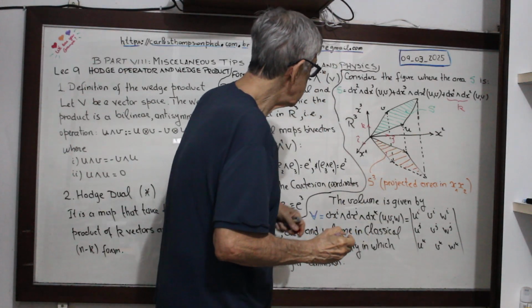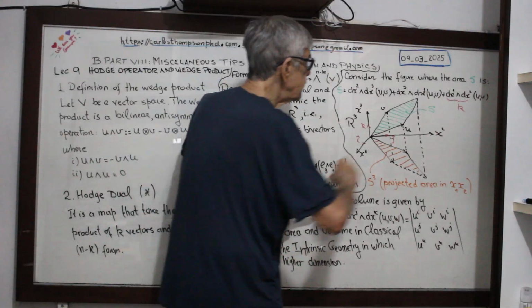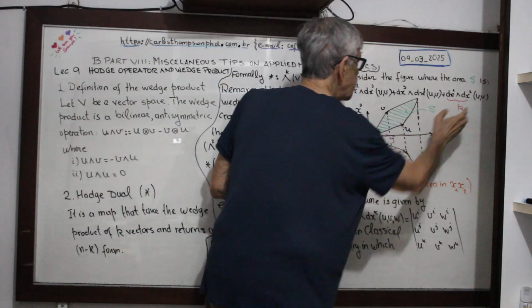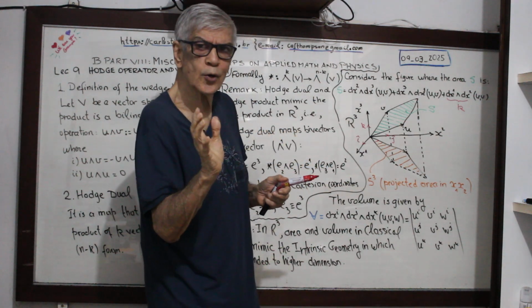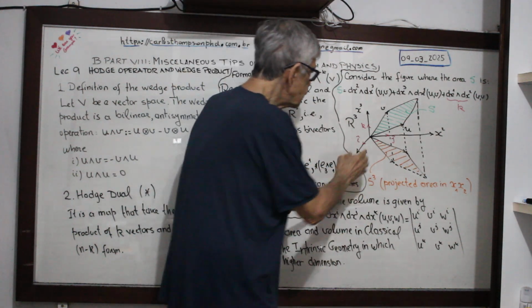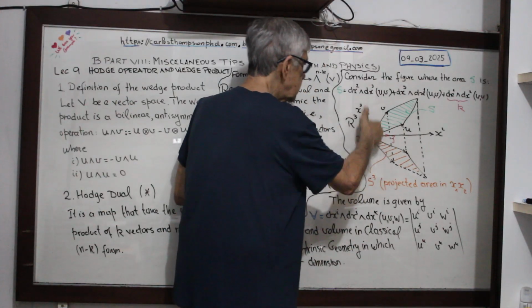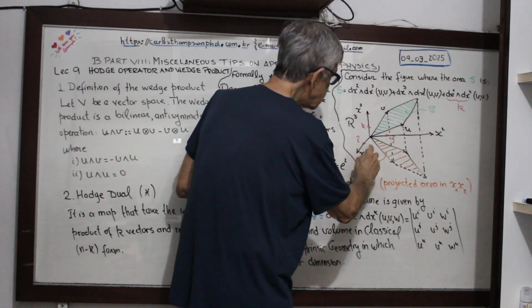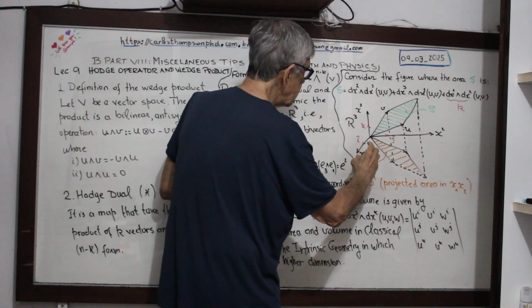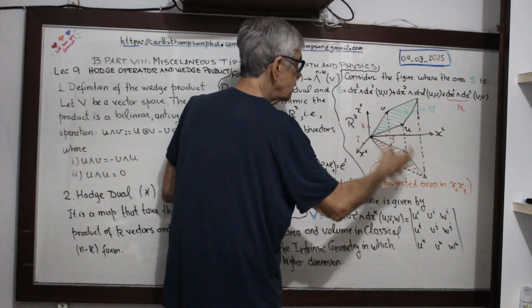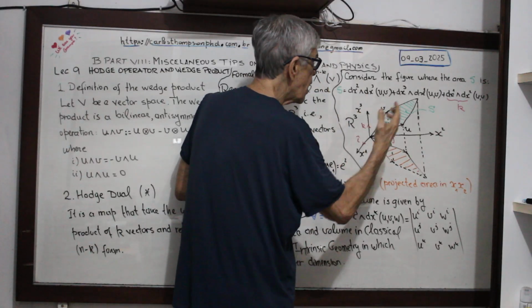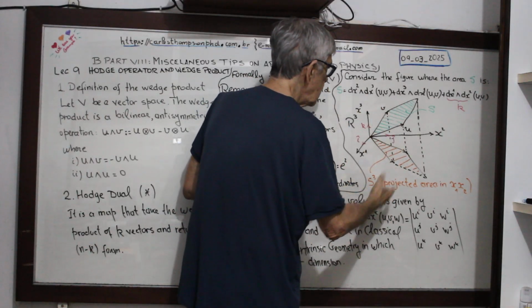You see clearly that dx1 wedge dx2 is analogous to the cross product. You just rotate x1, x2 and get k. Likewise, x3, x1: you just rotate and get j, which is analogous to e2.